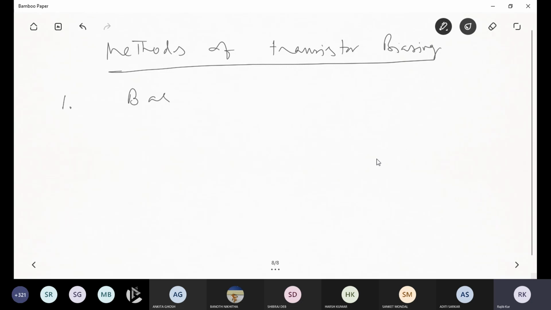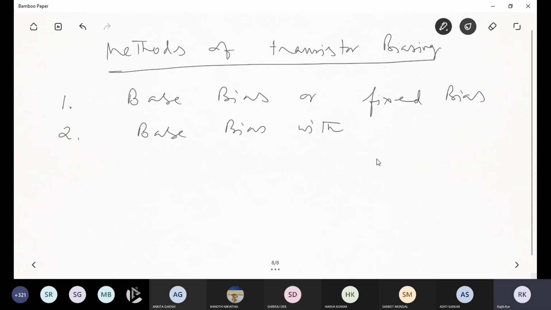First circuit is base bias, or it is known as fixed bias. I'll tell you why it's called fixed. Then base bias with emitter feedback, or sometimes it is called emitter bias.